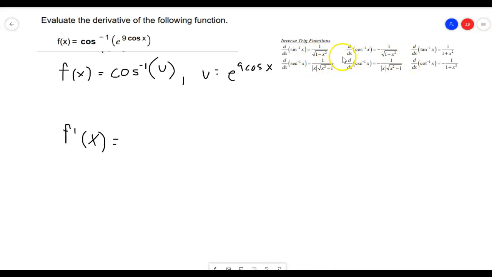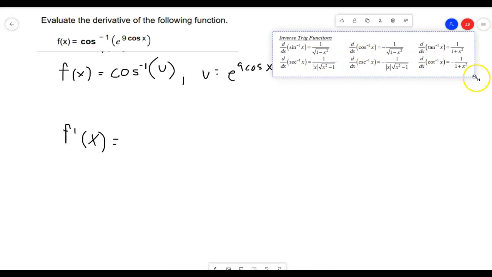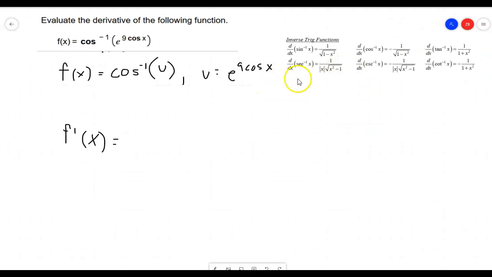All right, these are the ones that I was using. I was using the right ones, it just copied over the wrong ones. So what is the derivative of the inverse cosine function? It is negative 1 over the square root of 1 minus whatever was inside that angle squared, right?